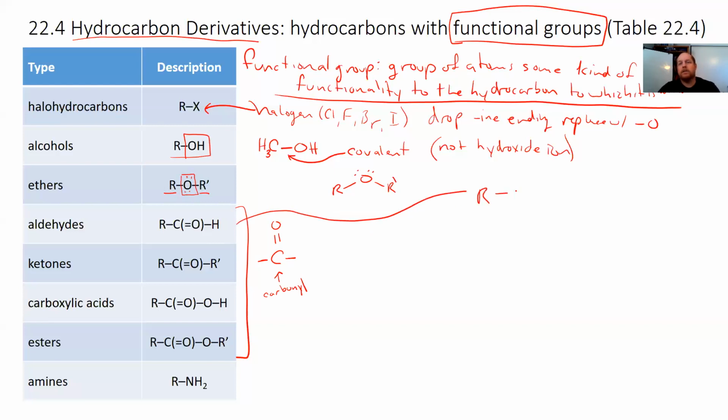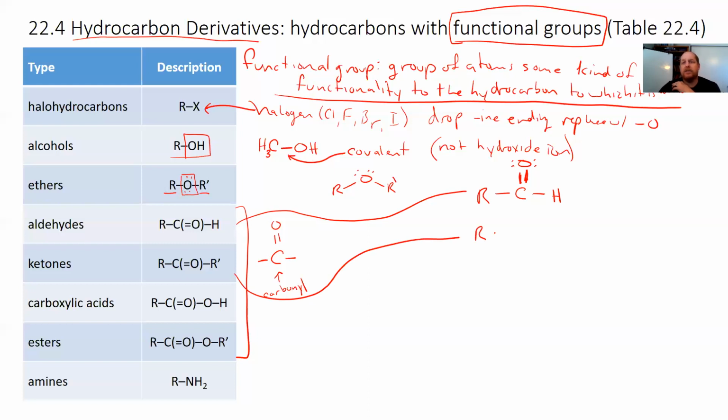So the aldehyde functional group, I'll do that over here. It's R. If we do the Lewis structure of it, we've got the carbon double bonded to the oxygen, and the carbon is also bonded to a hydrogen. Something these all have in common is the carbonyl, and we're going to talk about the key properties of the carbonyl once we have all of these down in just a moment. So that's an aldehyde, and aldehydes are different from ketones in a small way.